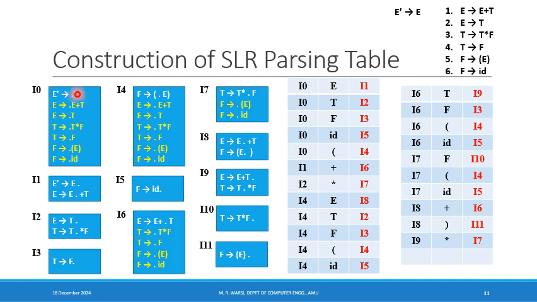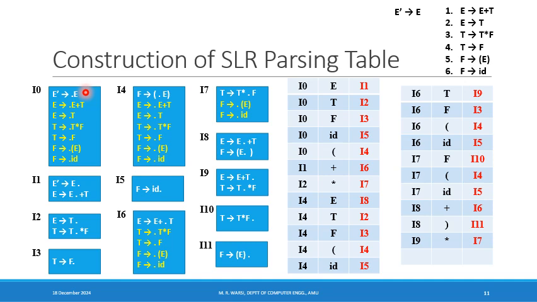If I look at the first LR0 item, after the dot I have capital E. So in the I0 state, the parser is expecting a string derivable from capital E. And these two items have been added because of this capital E.